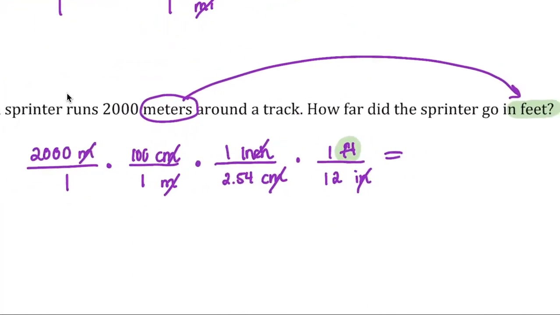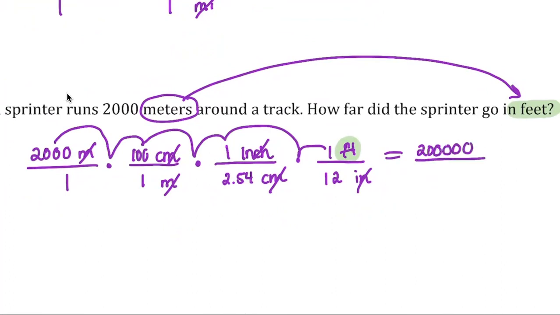So all of this is really just one big multiplication problem. I'm going to take 2,000 times 100 times 1 times 1, and that's going to leave me with 200,000 on top. Keep my units with it.